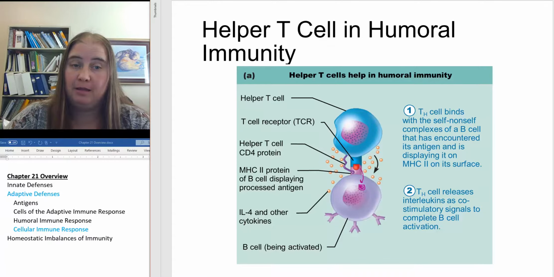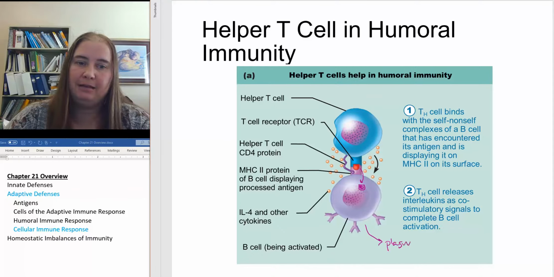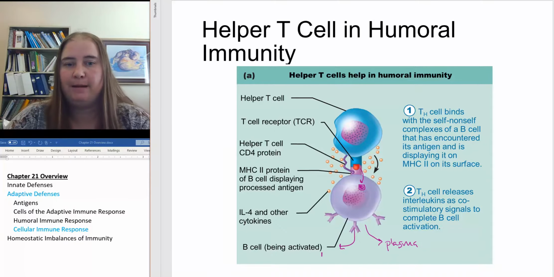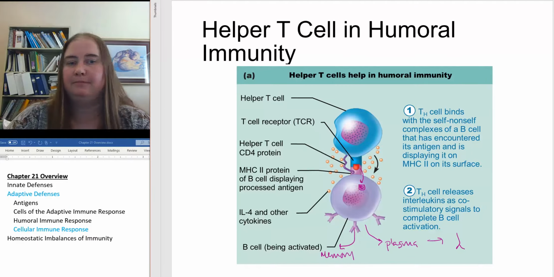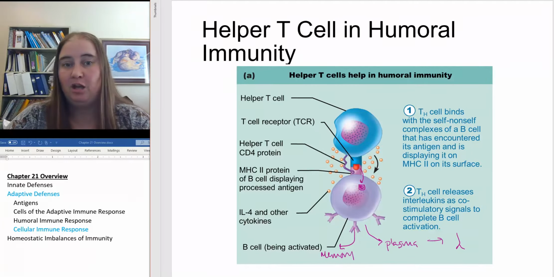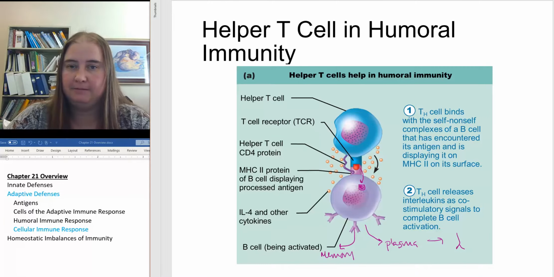The binding here triggers the release of chemicals that then completes the activation of this B cell. So now this B cell can go and become a plasma cell or a memory cell and produce antibodies. Without this T cell there, this doesn't occur.